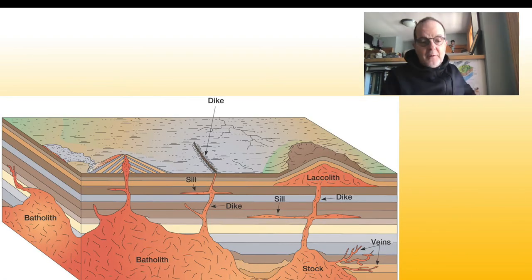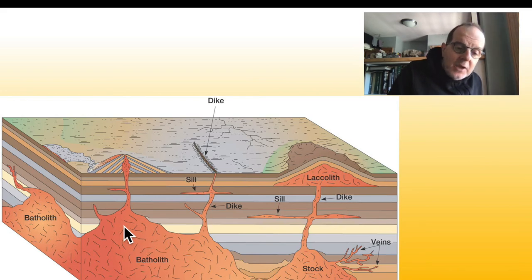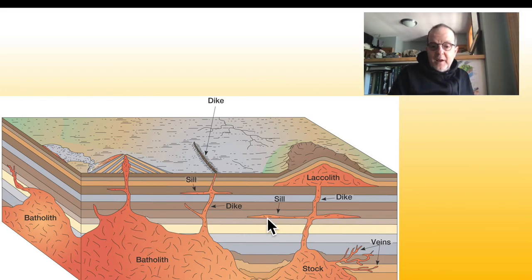There is your batholith that has formed and is now solidified with a dike moving up towards the surface, where perhaps you have fine-grained igneous rock here, more like an extrusive rock, and down here, large crystal intrusive.